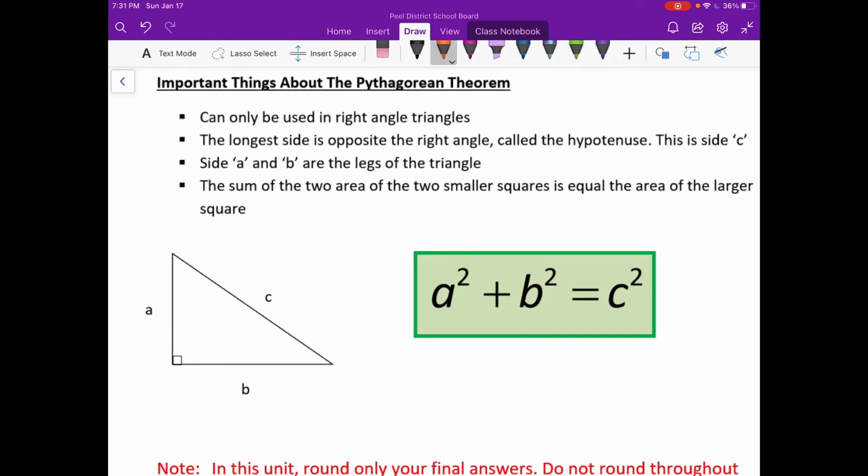So if you see this, they're perpendicular because they make a 90-degree angle with each other, right? So if 2 sides A and B make a perpendicular angle with each other, the longest side that is opposite to the right angle, the one that's not a straight line, it's the diagonal line, is going to be something called the hypotenuse.